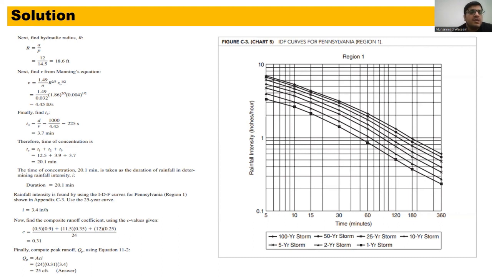And finally, we can find Qp, which is CiA. A was 24 acres, C is 0.31, and i is 3.4.